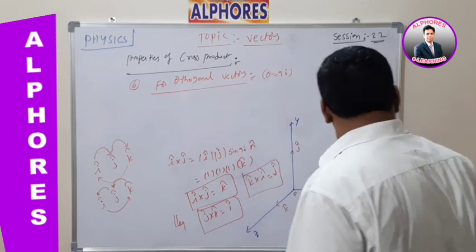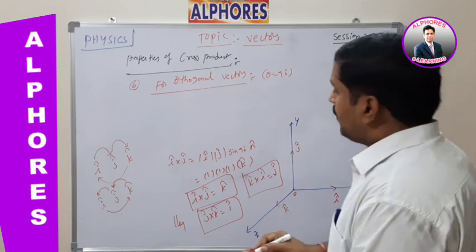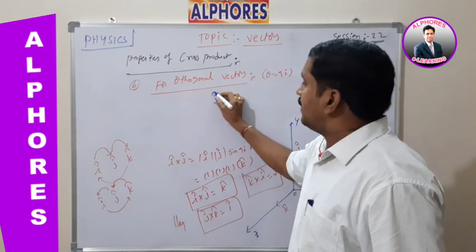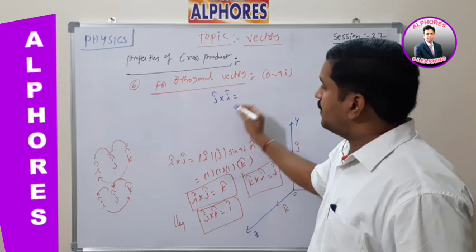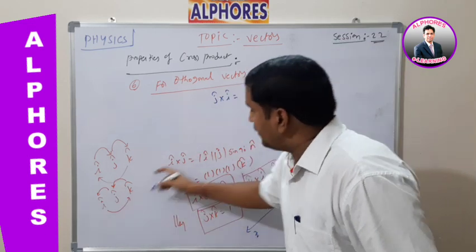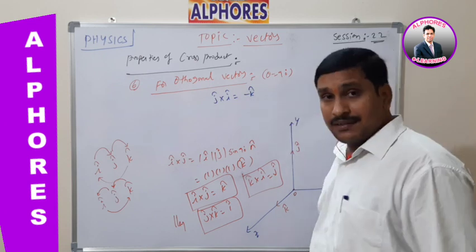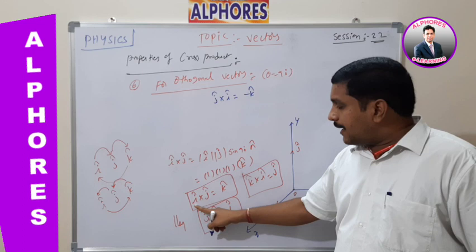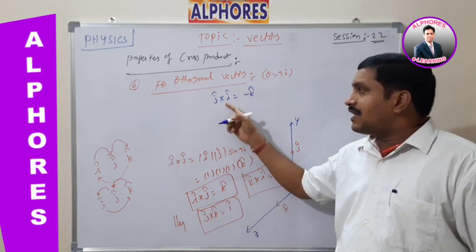Now listen carefully. So what is the value here? Again I have to write this in the anti-clockwise sense, let us say j cap cross i cap, which is equal to how much? j cap cross i cap gives minus k cap. Why am I taking minus here? We already know as per the law that i cap cross j cap is equal to minus of j cap cross i cap.